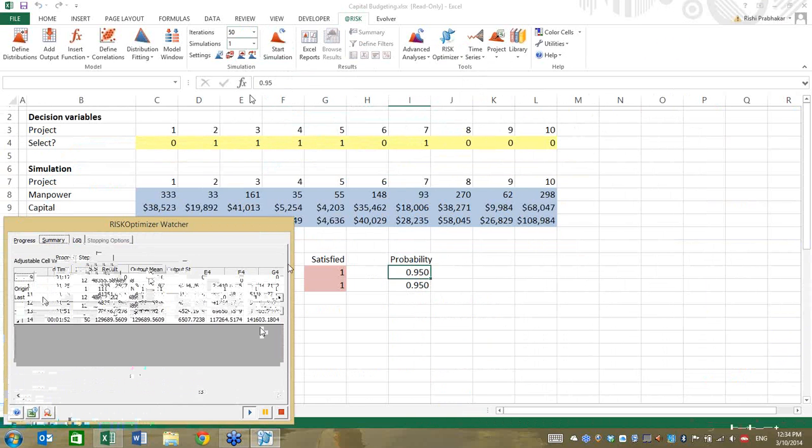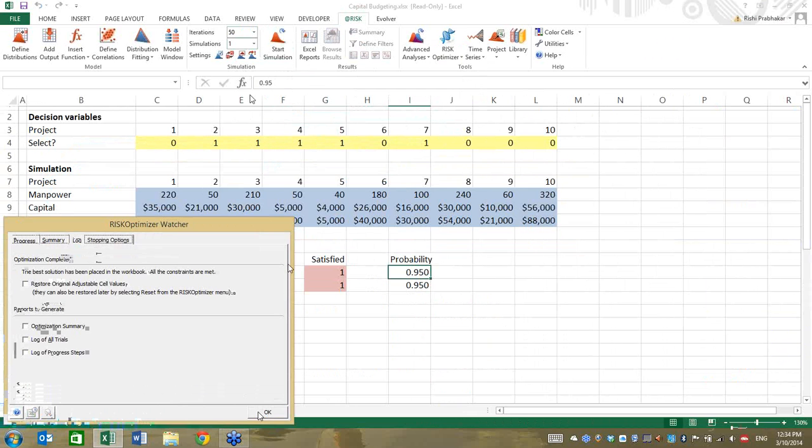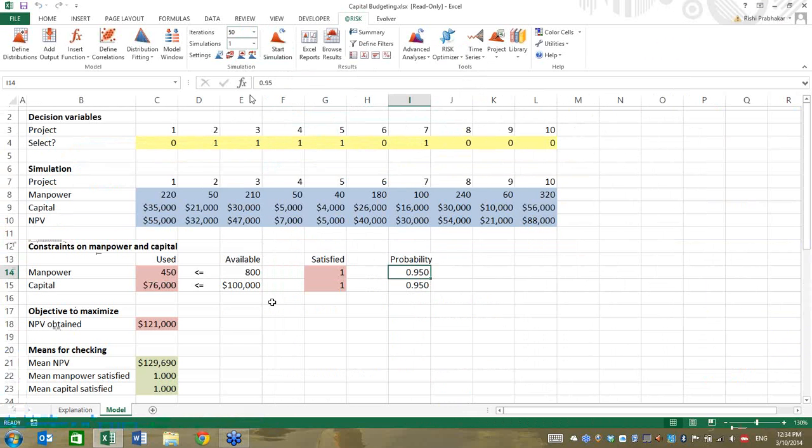So I'll stop that model there and look at the portfolio that we are left with. Projects 2, 3, 4, 5, and 7. Now let's just confirm exactly what it is that we've done and why this is different to just using Evolver.